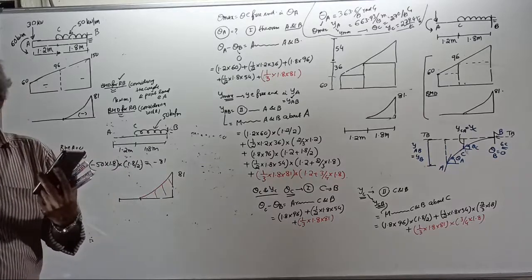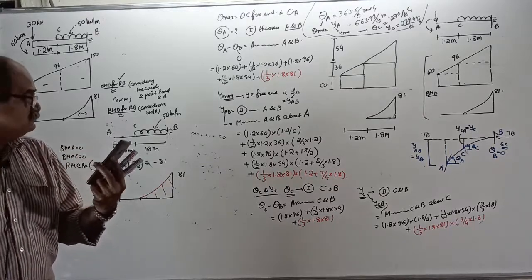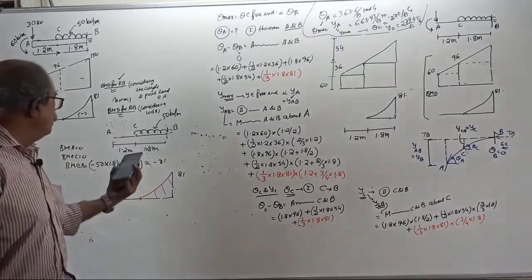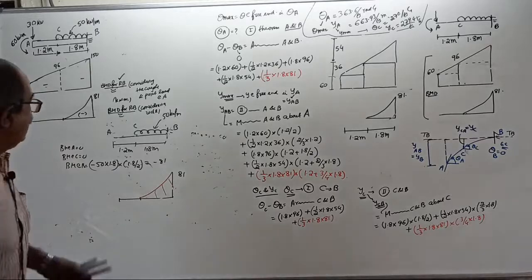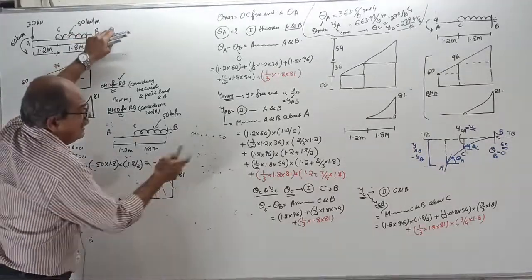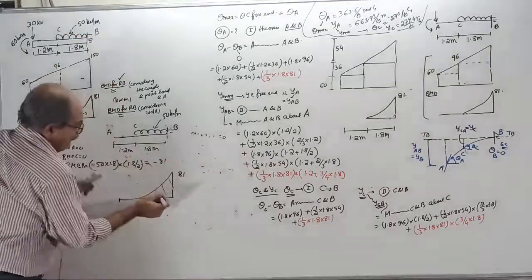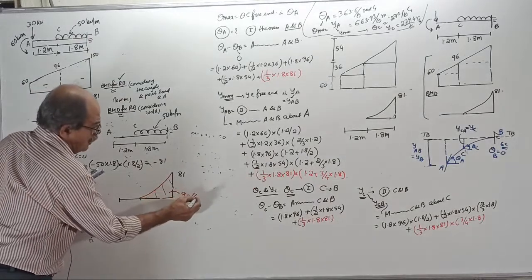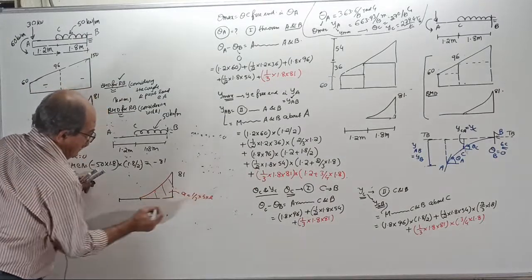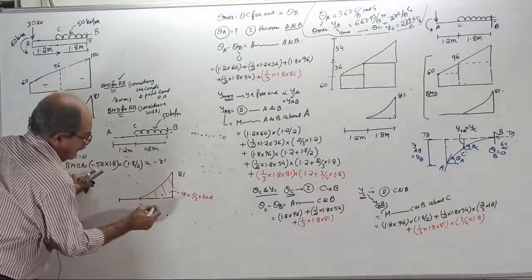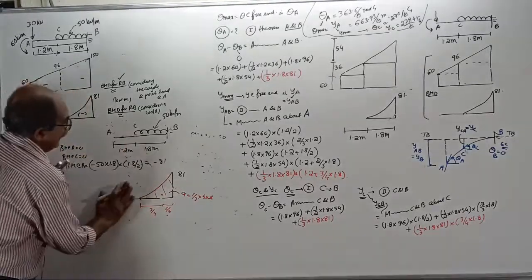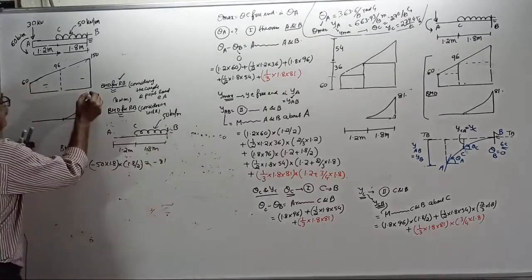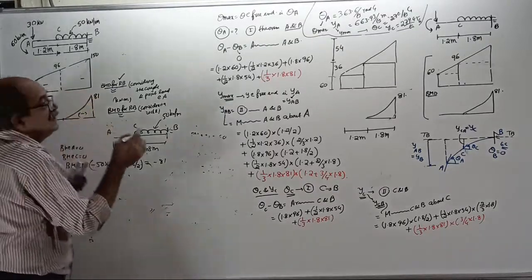It is only due to UDL. Applicable. Therefore, make a note: later, when you want the area, for this parabola, area equals 1/3 base into height, and the CG will be 3/4 from here and 1/4 from there. Okay, make a note. Over.